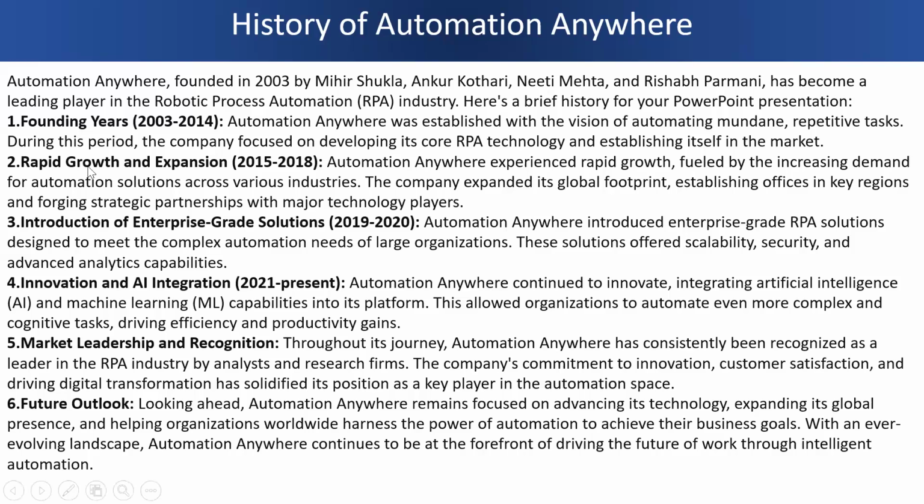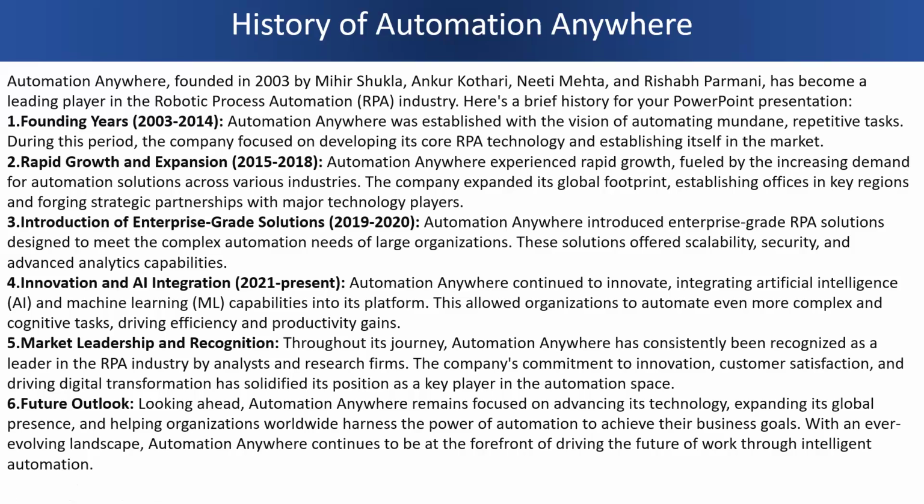Okay, rapid growth and expansion. You can see that from 2015 to 2018, Automation Anywhere experienced rapid growth fueled by increasing demand for automation solutions across various industries. Their initial clients were in the banking domain. As I discussed, Maersk Global Services is one of the top shipping companies.